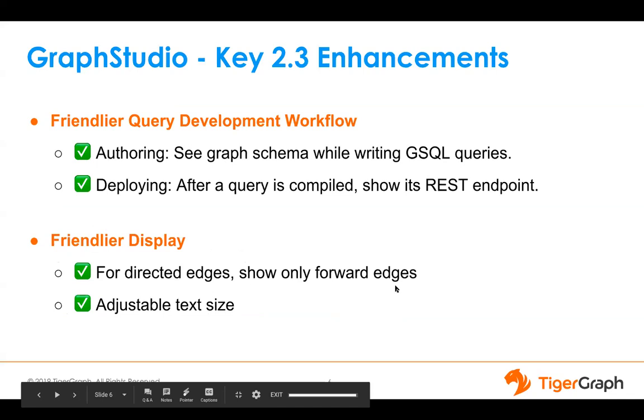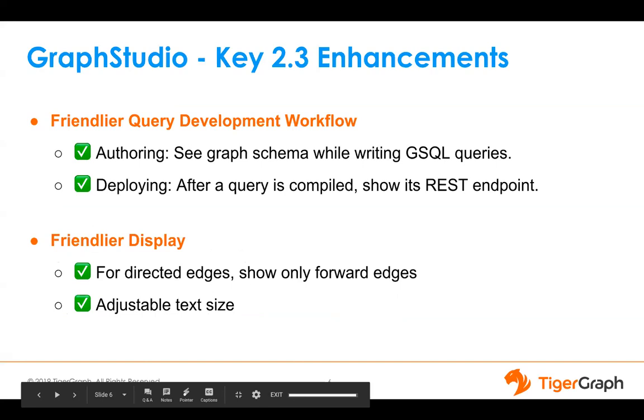And then secondly, once you have written your query and you've installed it, then you might be just running the query in GraphStudio, but you might also want to take that query, which automatically generates a REST endpoint, which is then great for deploying in applications.